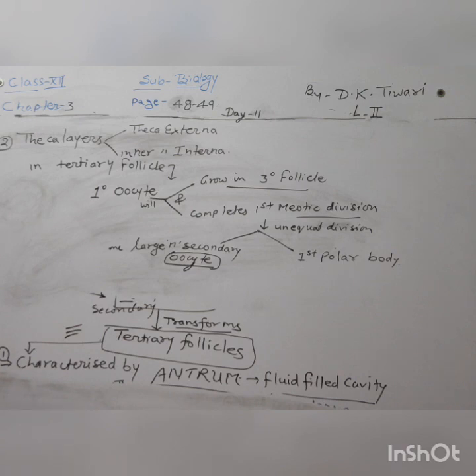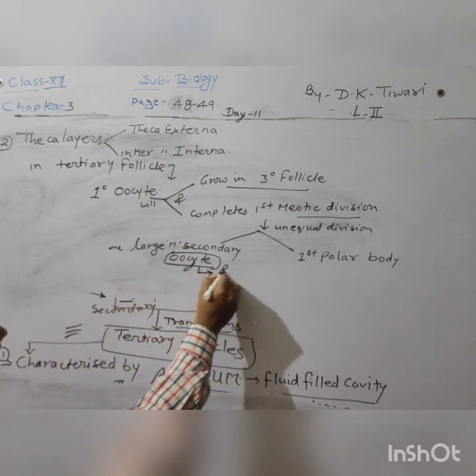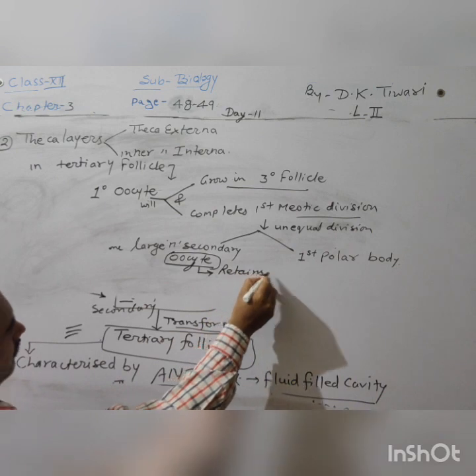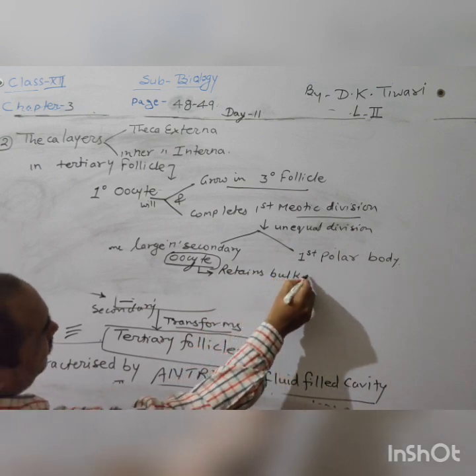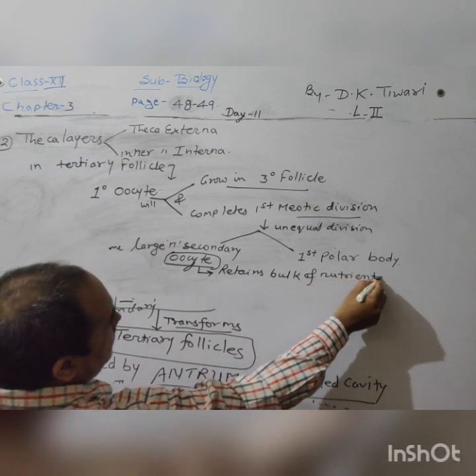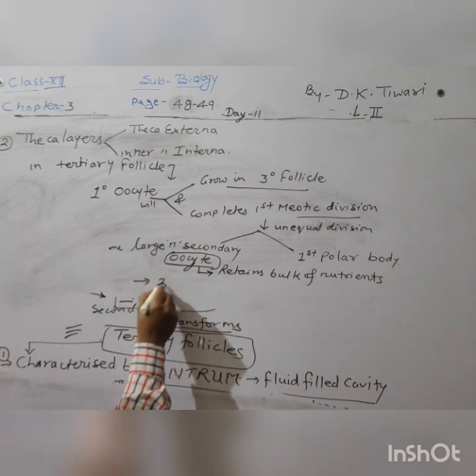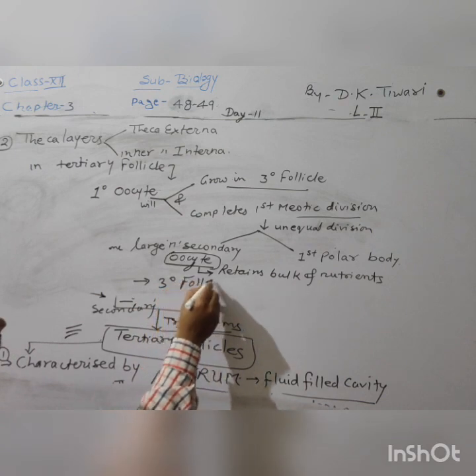The secondary oocyte retains the bulk of nutrients. It retains the bulk of nutrients, and it has the nutrient rich cytoplasm of the primary oocyte. So here ultimately tertiary follicles are made.